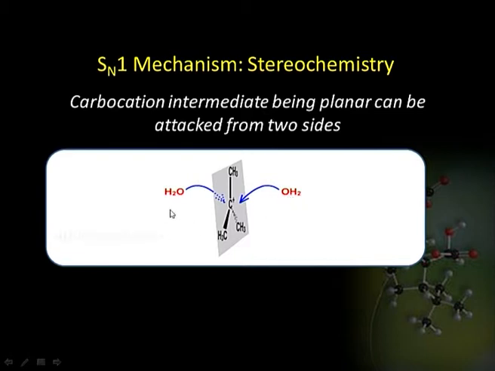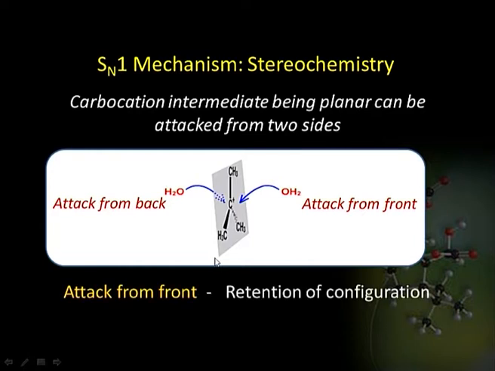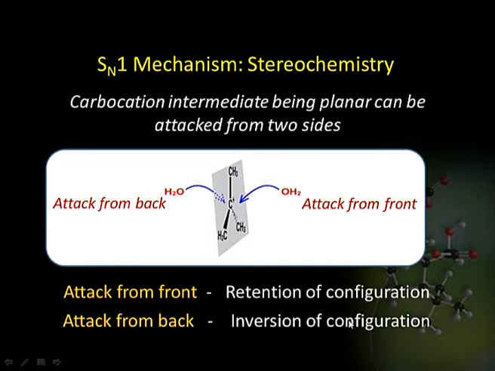One is from the back side, as we observe in case of the SN2 mechanism, and the other one is from the front side, because there is nothing here and the nucleophile can come and attack from this side also. So, when we have attack from the front side, we observe retention of configuration. On the other hand, when the attack is from the back side, we have inversion of configuration.